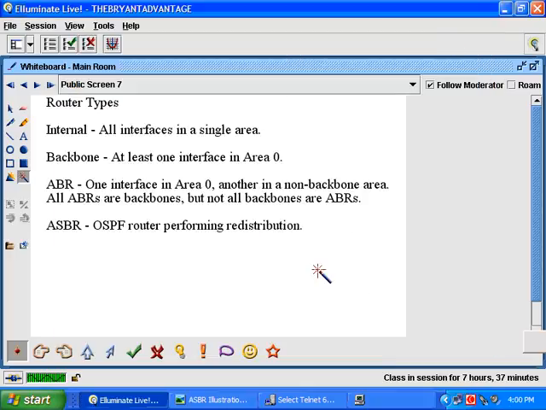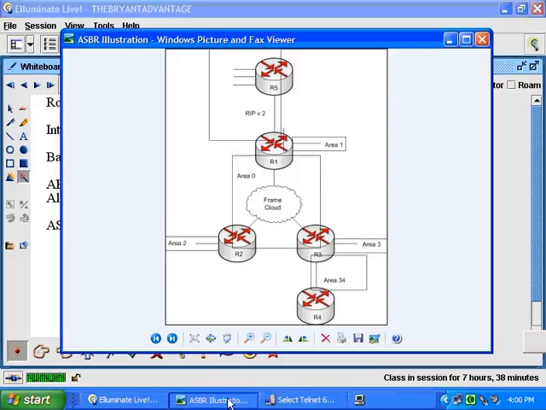And a backbone router has only one interface in area 0. That's it. That's the only requirement. So we could have routers start to fill multiple roles here. We don't have any here yet. But obviously 1, 2, and 3 are all considered backbone routers. They have at least one interface in area 0.